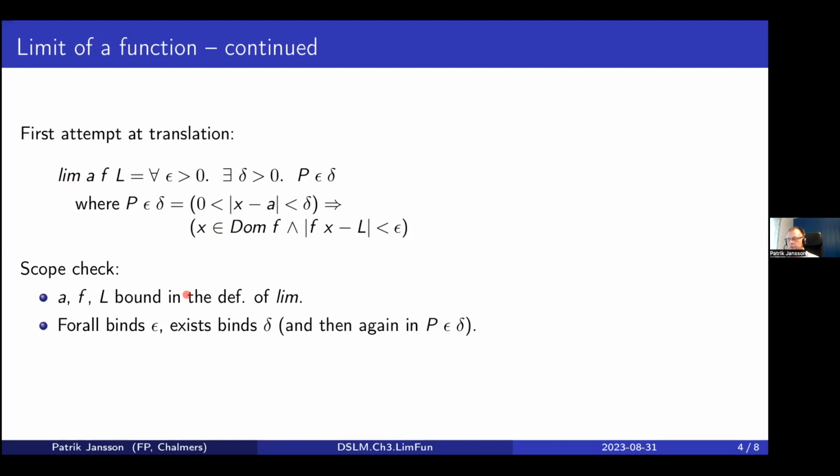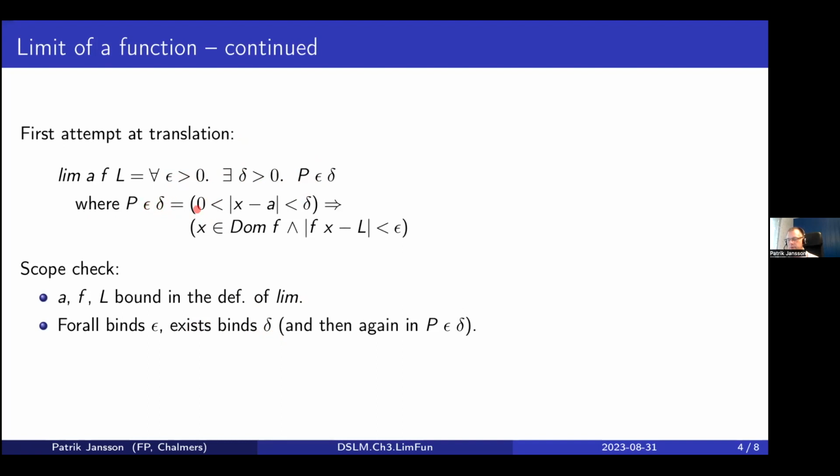And then we got a for all, which is a binding construct. So epsilon from the for all, from inside this point, epsilon is a bound variable. You can think of it as having a value. Similarly, exists binds delta, and then in the local definition, we bind epsilon and delta again.